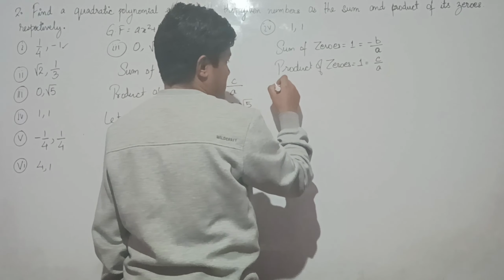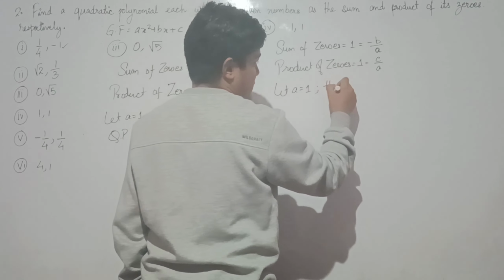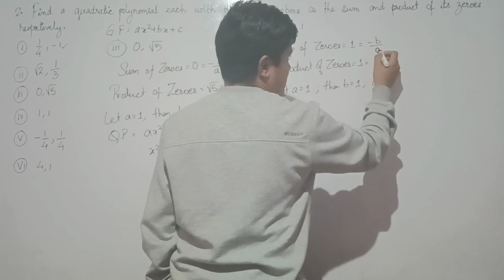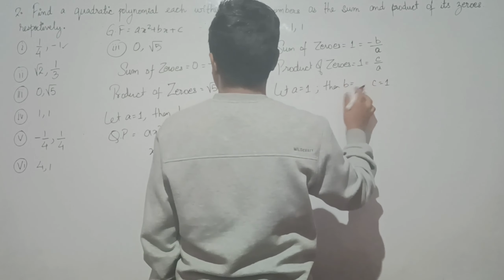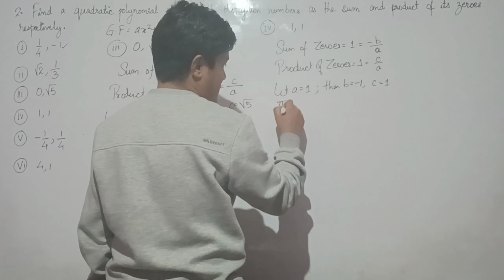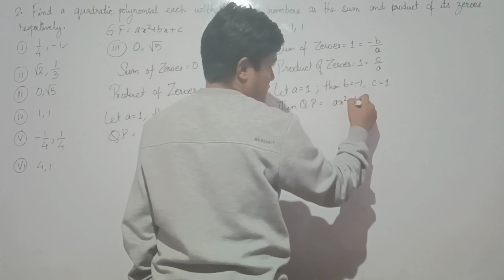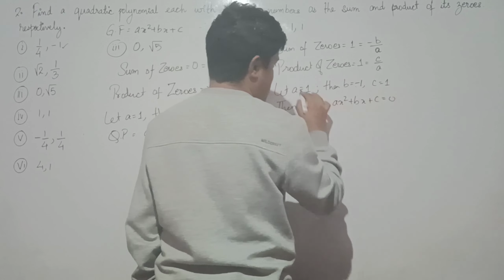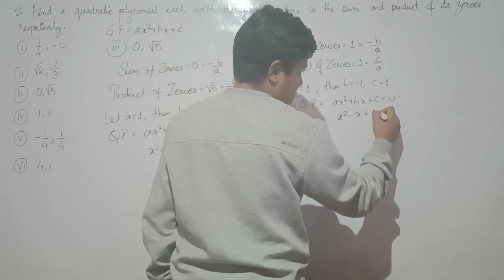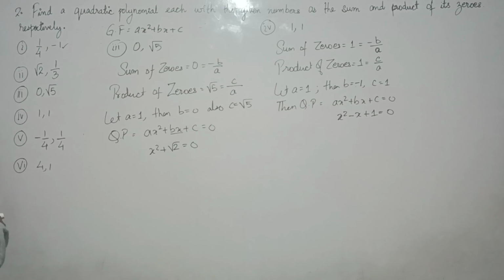Let a equals to 1, then b equals to minus 1, c equals to 1. Then quadratic polynomial equals to ax square plus bx plus c equals to 0. In place of a, 1, x square minus x plus 1 equals to 0. Hence this is your quadratic polynomial.